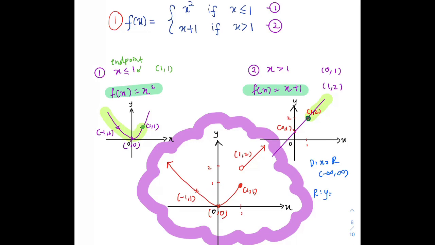You still have graph up until y equal to 1, but you can still go on because this graph goes on forever, so this is also included. At this point, we have another catch because here 1, 2 is not included. However, you still have a graph over here to cover it. So you can still go on, and it goes up until infinity. So now let's conclude our range. It is y starting from 0 included until infinity.